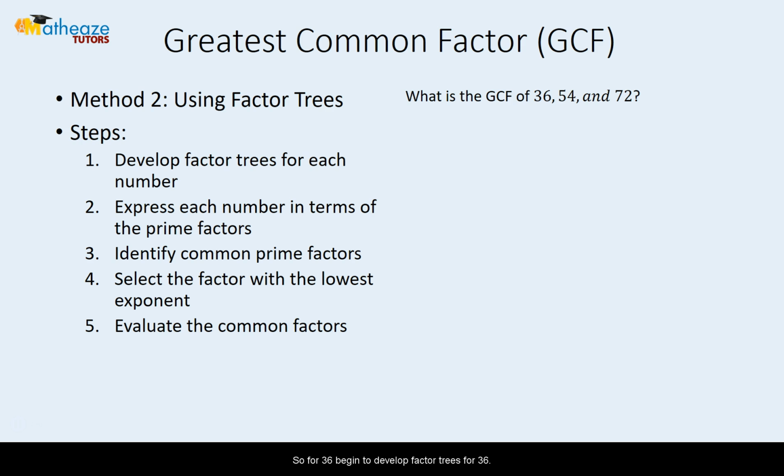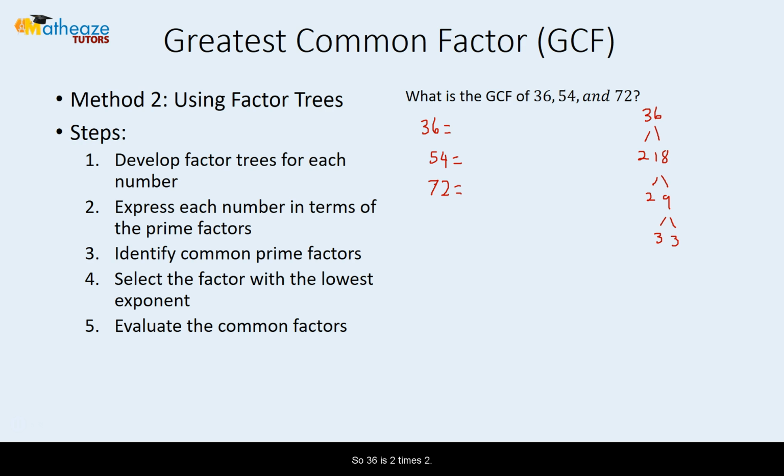So for 36, we're going to develop factor trees for 36, 54, and 72. So let's start with generating the factor trees for 36. We have 36, we have 2 and 18, we have 2 and 9, and then 3 and 3.